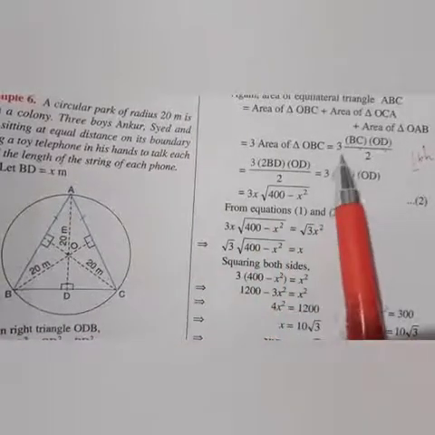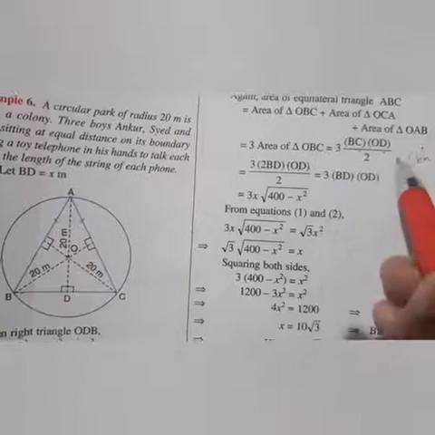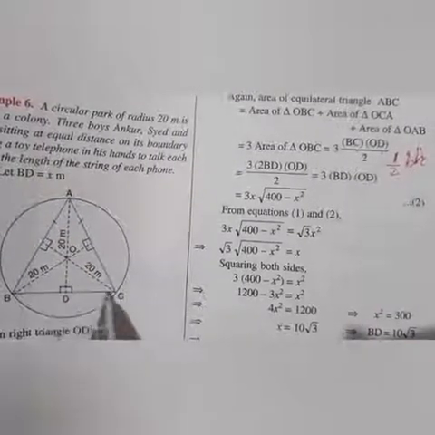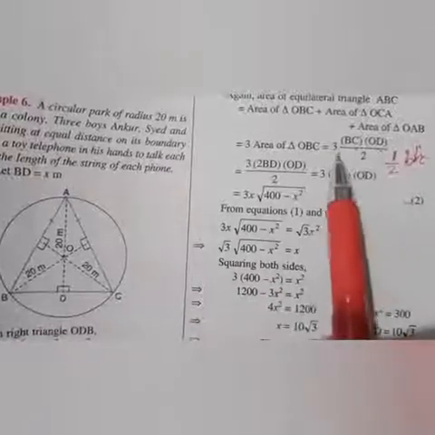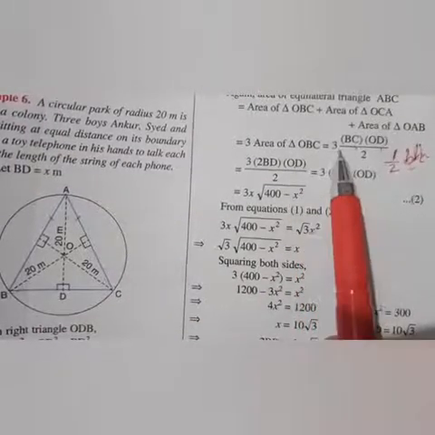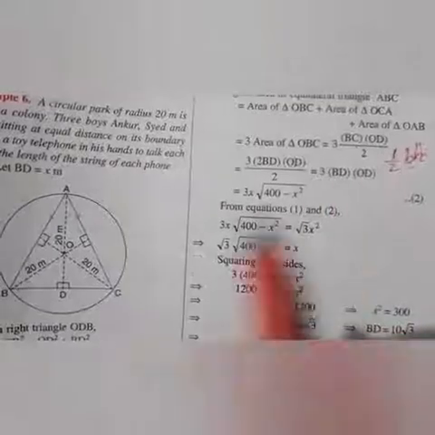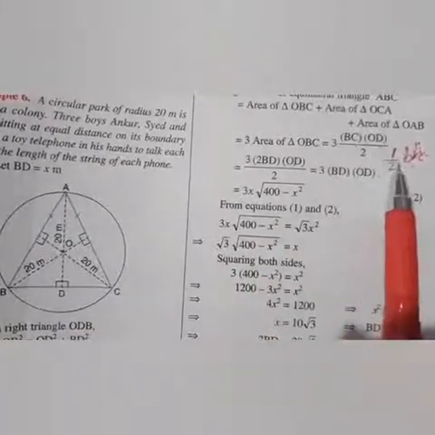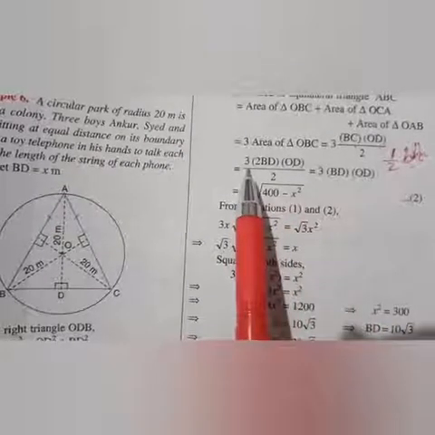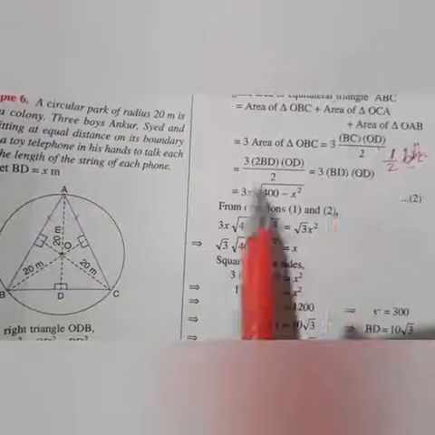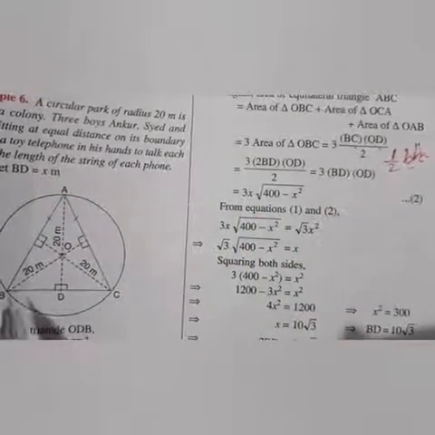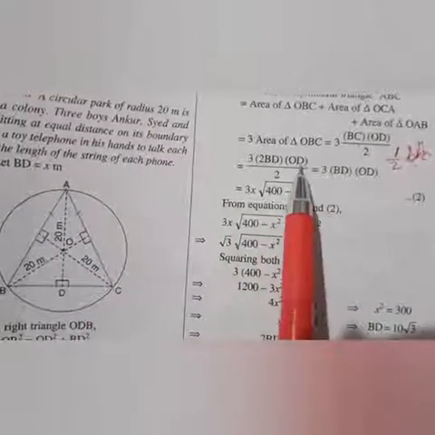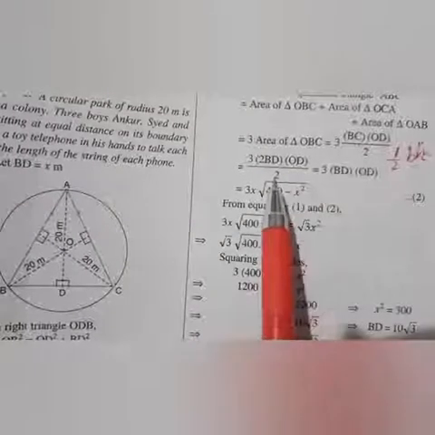So area of triangle is equal to half base into height. So we can substitute values: 3 into base BC into height OD by 2, that means this half. Next we can substitute BC as 2BD. So 3 into 2BD into OD by 2.